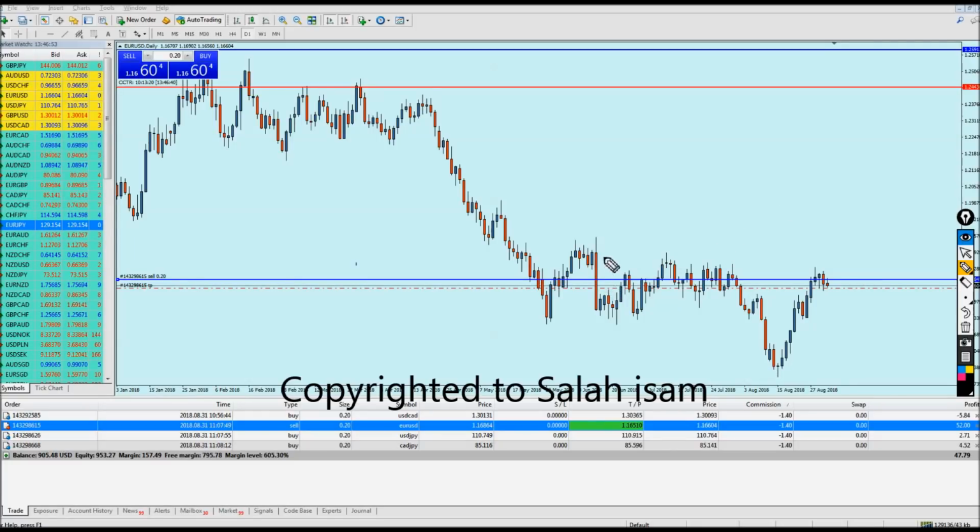Look at this: we have a very long bearish candle, a long red candle indicating that the market will resume going down. After this candle, I don't see any green candle as large as this one. Therefore, the market continues going down.